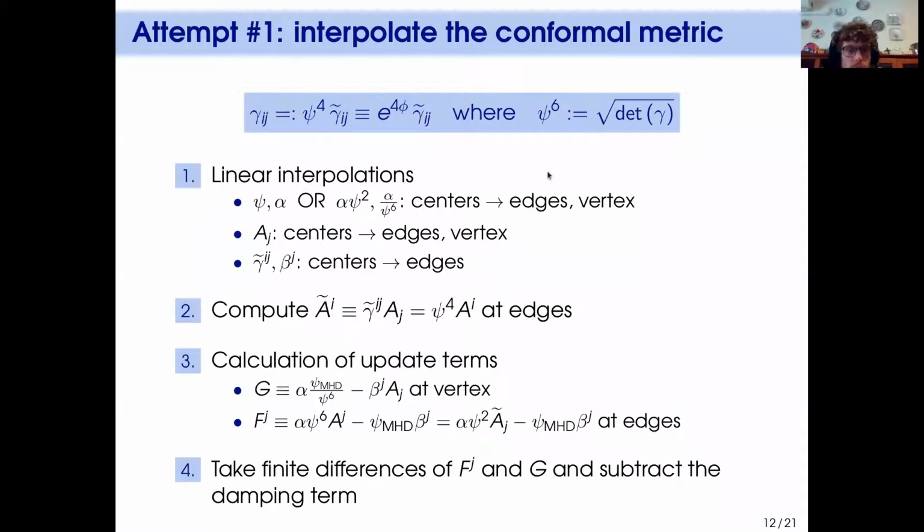So interpolating these variables to the edges and the vertex, the vector potential to the edges and the vertex as well, the conformal metric this time, and the shift to the edges. Then we compute the contravariant component of the, let's say, conformal vector potential at edges. We calculate the update terms, which contain the terms alpha divided by psi square, alpha psi square, alpha divided by psi to the 6, sorry, and alpha psi square, which were the variables we interpolated before. And then, as before, we take finite differences and subtract the damping term.